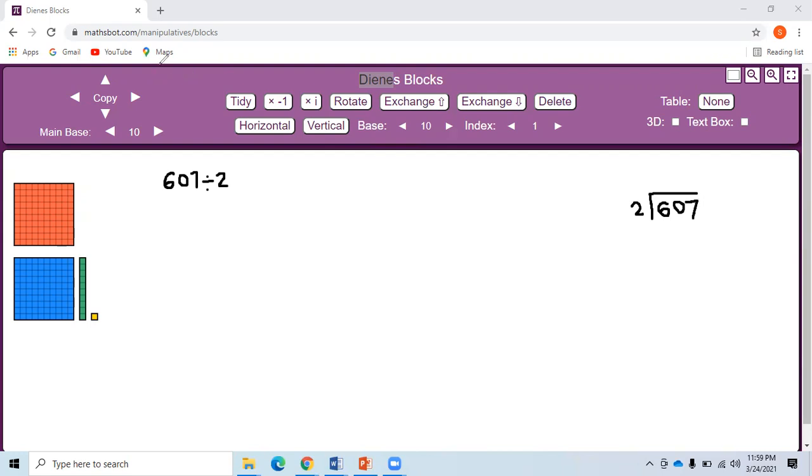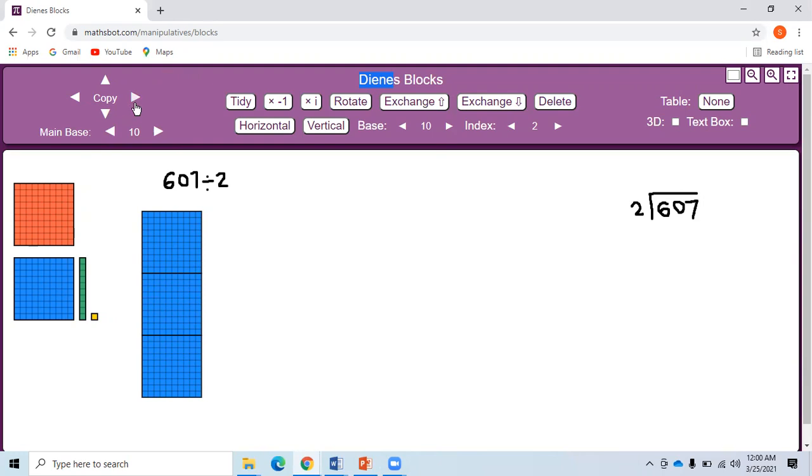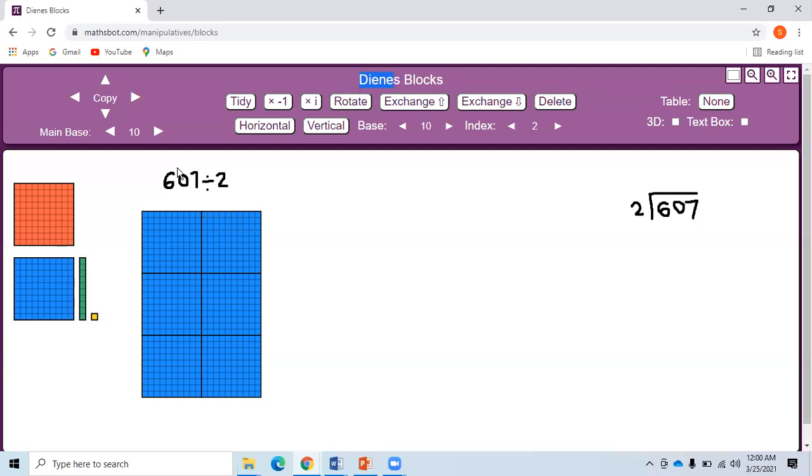We need to create this with blocks. I have 6 hundreds, so I need 6 100 blocks. I have no tens, so I don't have any tens, and I have 7 ones.